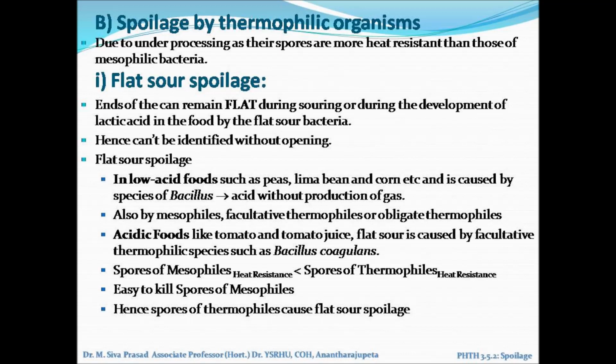You already discussed this kind of spoilage while discussing identification of spoiled cans, where there is an excess production of acid in the cans, and no visual change in the cans externally because there is no swell.